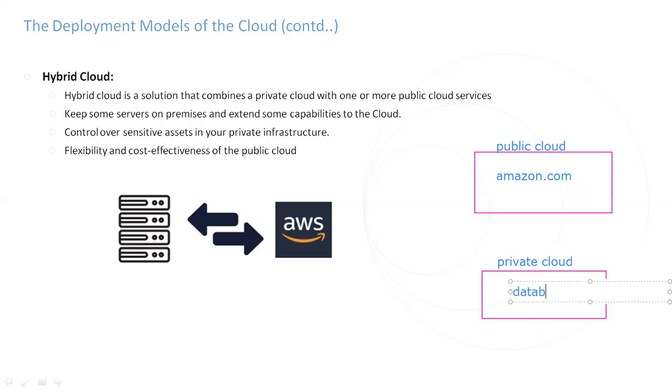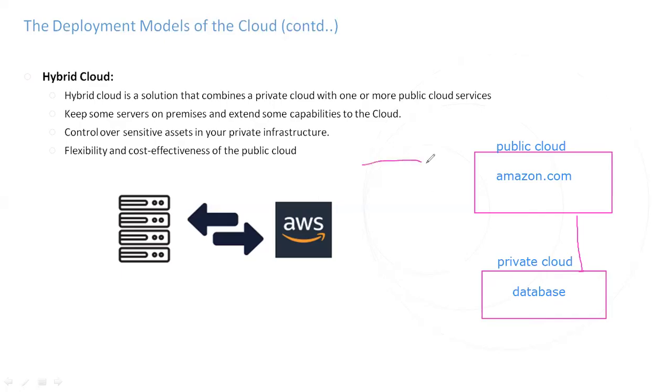So here you can see that some part of our application we are deploying in the public cloud, and some part of the application we are deploying in the private cloud. Our website, our application, we have deployed in the public cloud, and whatever database is attached to this application we have deployed in the private cloud.